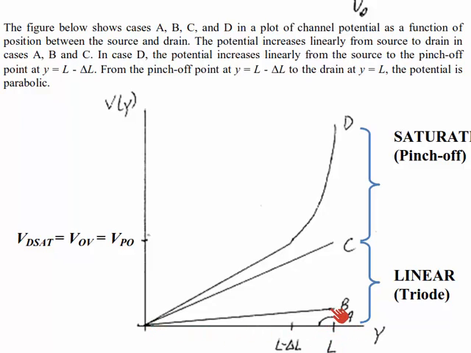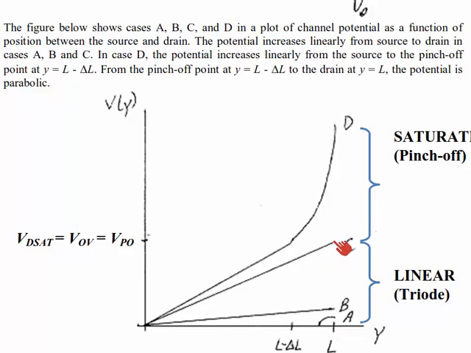Case B, we have a slight drain potential, and the channel behaves like a resistance with a roughly linear potential drop along the channel. And when I say linear potential drop behaving like a resistor, it is also true that the channel behaves like a resistor following Ohm's law, but this plot does not show you Ohm's law. This plot plots channel voltage as a function of position versus position.